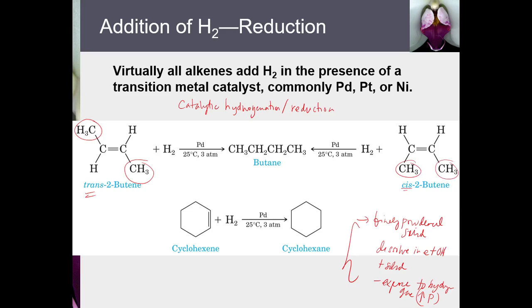Now you just add your hydrogen gas in the presence of palladium, the catalyst, at room temperature, 25 degrees Celsius, and 3 atm, a measure of pressure, so the pressure is high. Both trans-2-butene and cis-2-butene, with hydrogen and palladium as the catalyst under pressurized hydrogen gas, will end up producing butane.